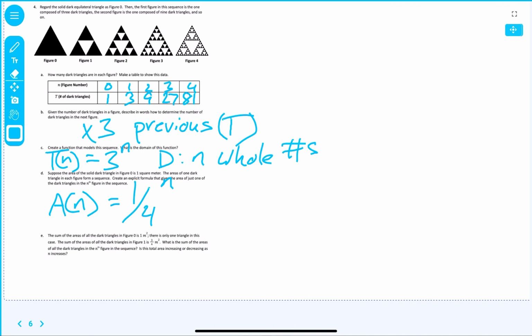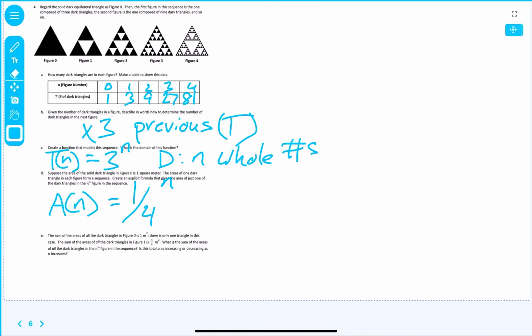Think about it. For figure 1, the area of one dark triangle would be how much? 1/4, because we broke the first triangle into 4 equal triangles, right? So each of those little triangles is going to be 1/4 of the original triangle.